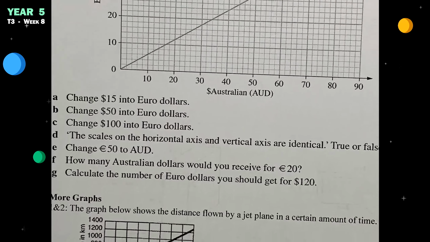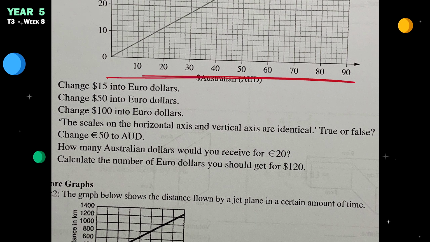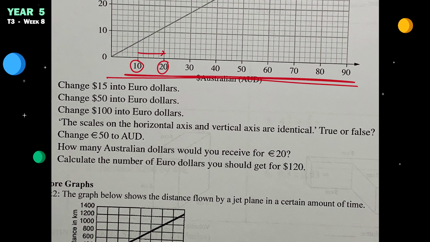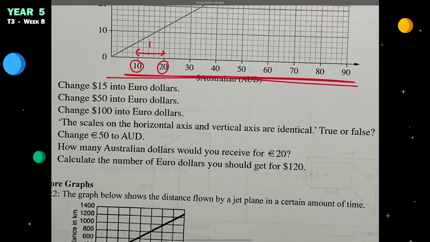We look for 15 on the Australian dollar axis because this is Australian dollars. So 15 will be, this is 10. From 10 to 20 is divided into 1, 2, 3, 4, 5 gaps. From 10 to 20 there's a difference of 10, and 10 divided by 5 gaps means each gap must be 2.